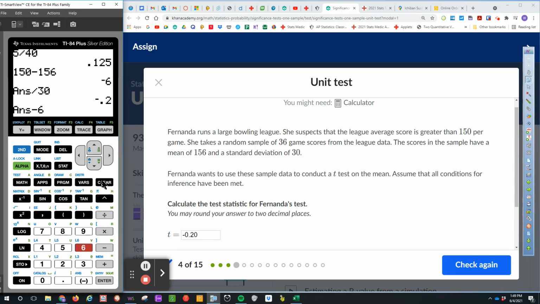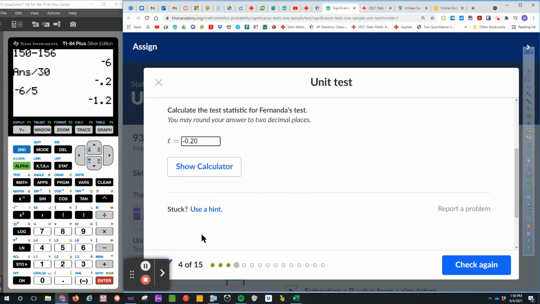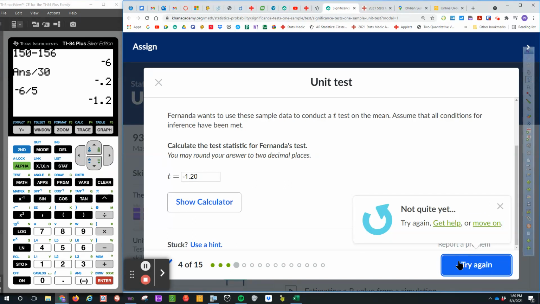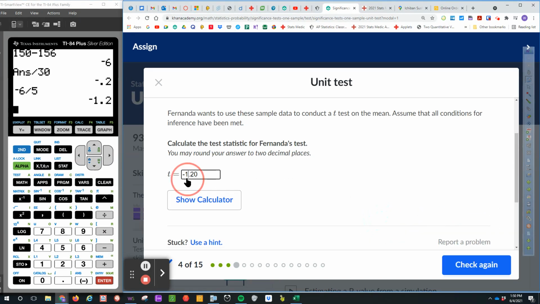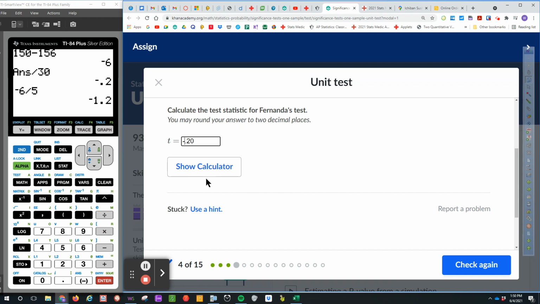No, that's not right. This is negative 6 divided by 5. So perhaps it's without the minus sign.